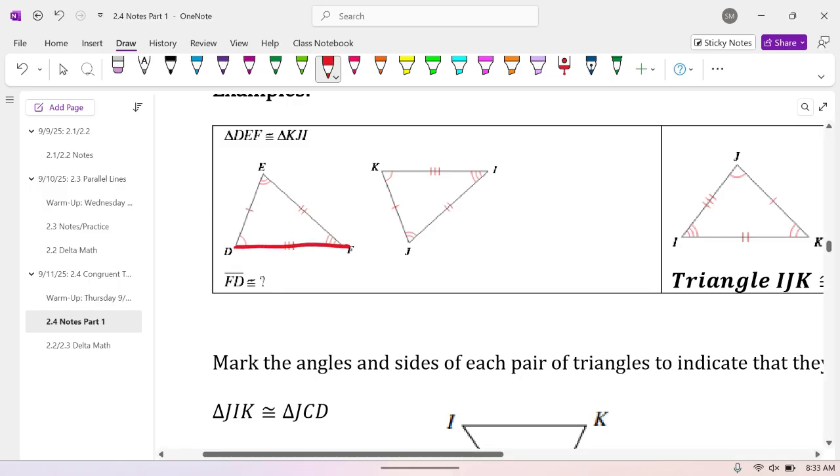Right here, what would be the corresponding side in the other triangle to line FD? IK, good. Now, why do you say IK and not KI? Right, we started with F, and we note F has that 3-tick angle. And we have to start with the 3-tick over here, so I to K.